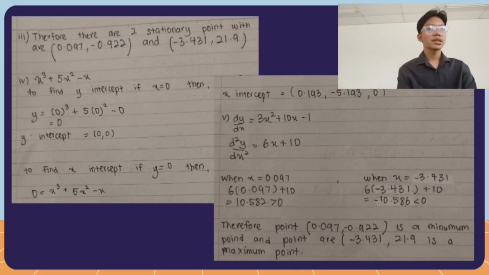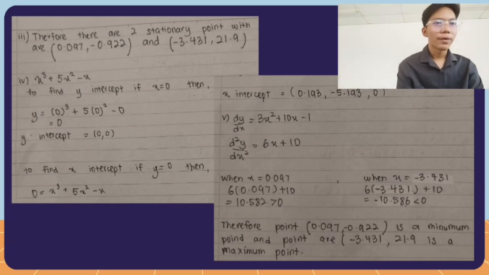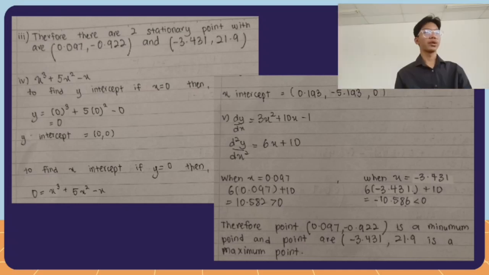When x equals 0.097, we can get 10.582, and we can go next. When x equals negative 3.431, we can get negative 10.586.